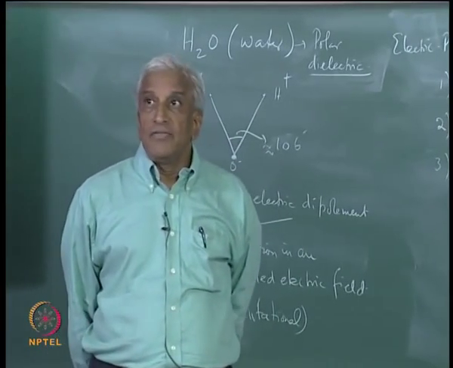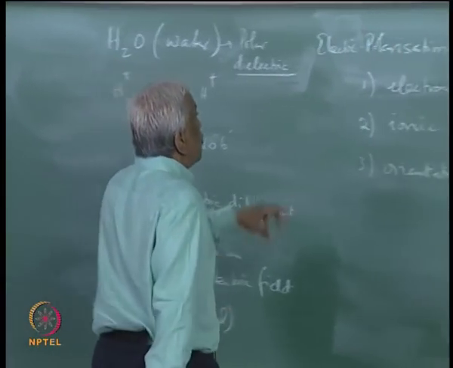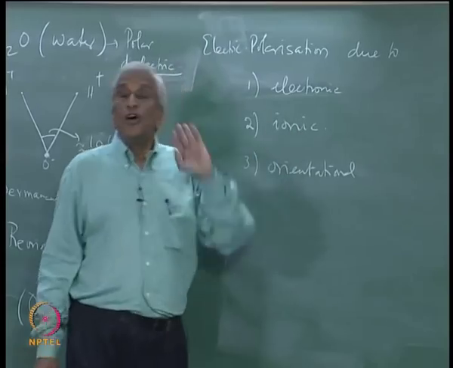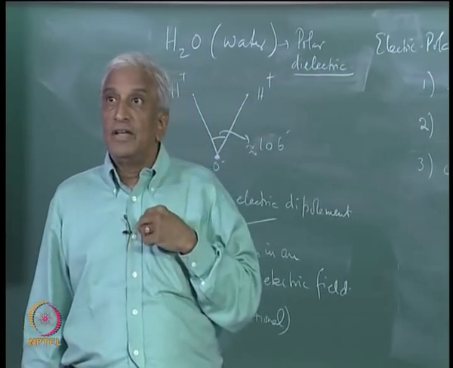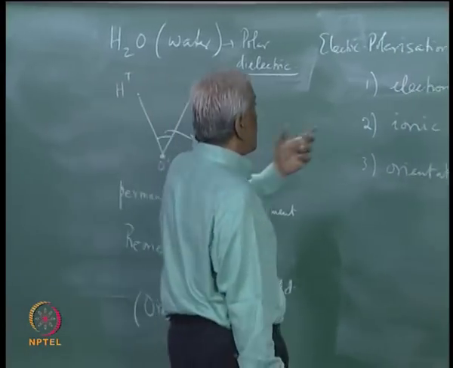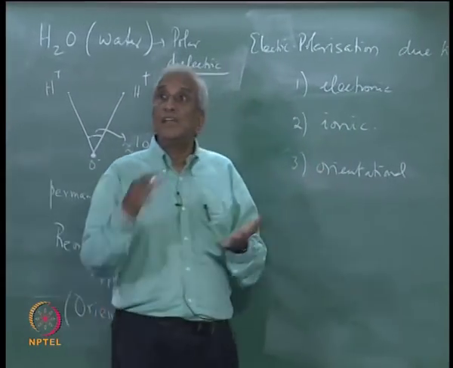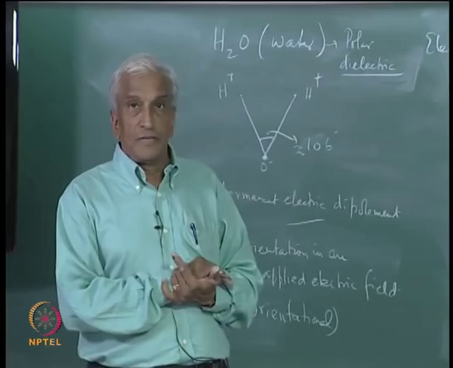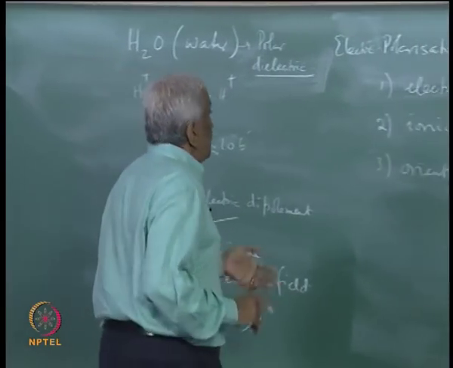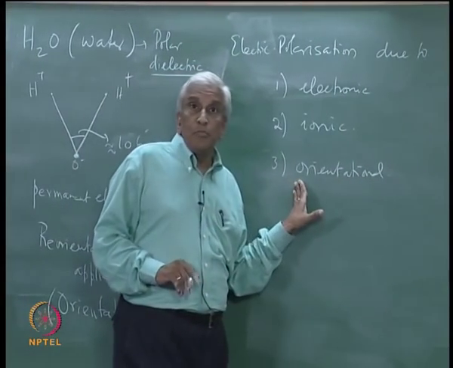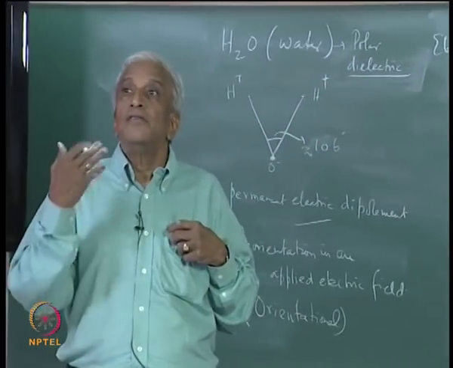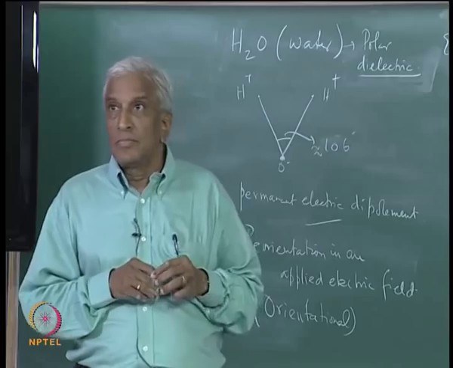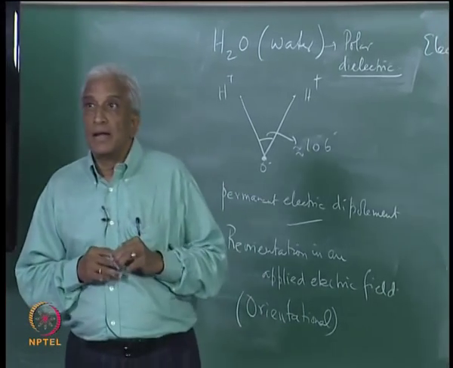Whereas the ions, being more massive, are unable to follow the rapid field variations above a certain frequency. Therefore, these ionic contributions are present only at relatively low frequencies. Similarly, the orientation of the permanent dipoles happens at relatively lower frequencies of the applied electric field.